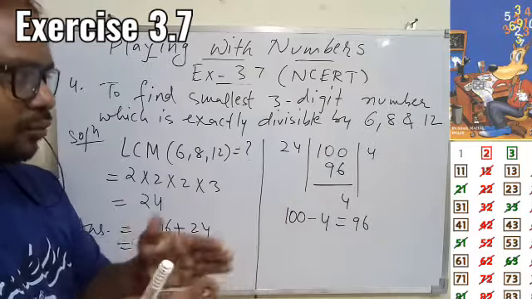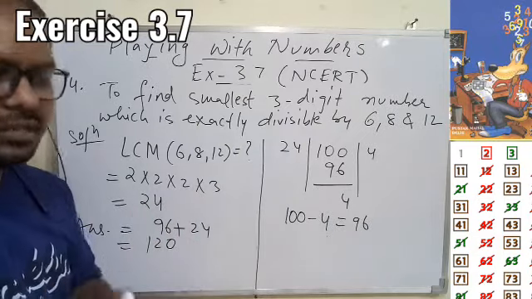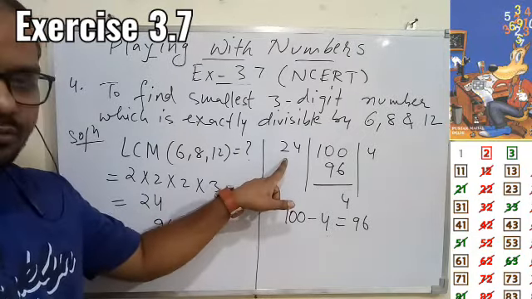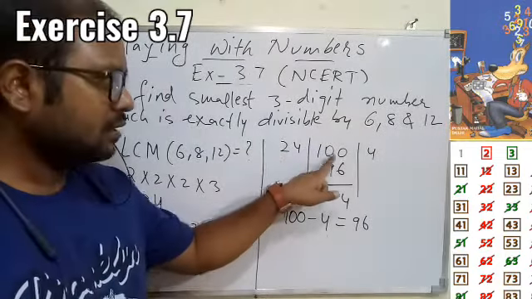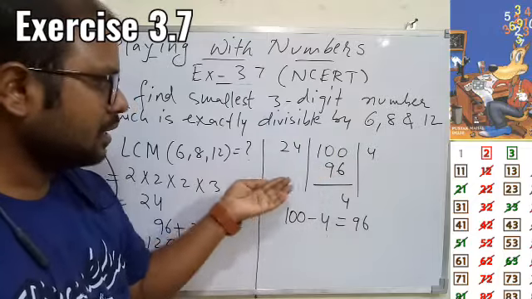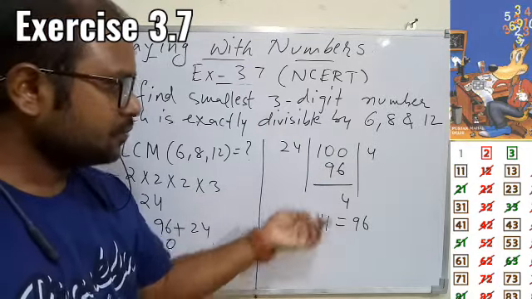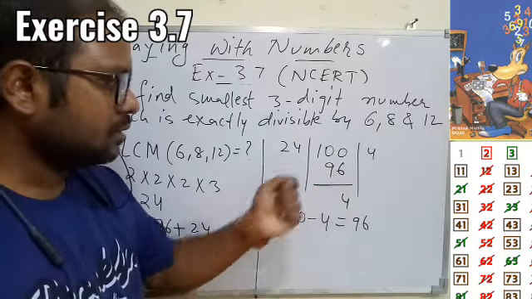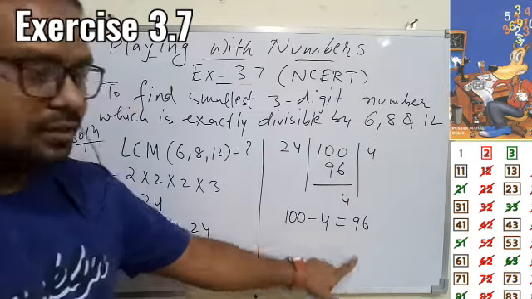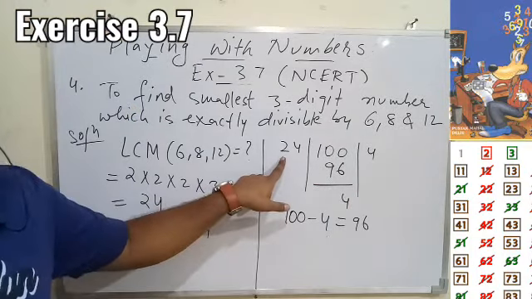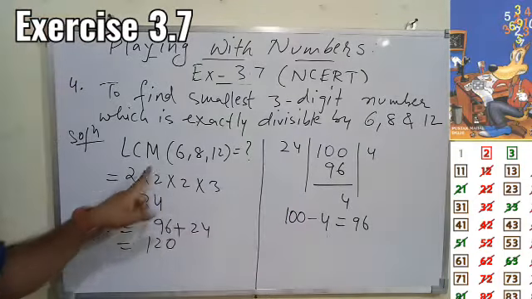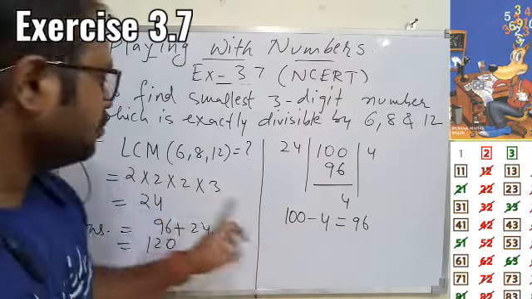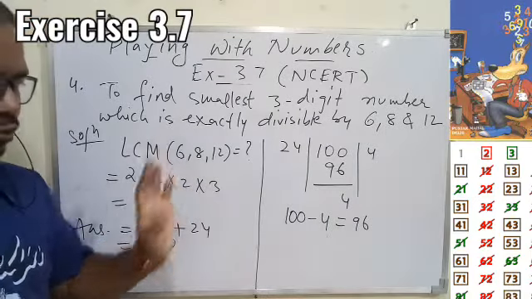So nearby 100, whatever will be the next 3-digit number which is a multiple of 24 will be the answer. So overall, we divided the 3-digit number 100 by 24, and we are getting remainder 4. So we know 100 minus 4, that is nothing but 96, is a multiple of 24, and since 24 is a multiple of 6, 8 and 12, even 96 will be a common multiple of 6, 8 and 12.